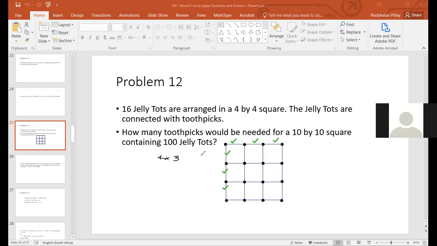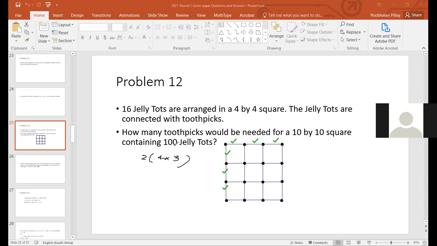And then if you take the verticals, it's the same thing. So it's 2 times 4 times 3. That is the total number of toothpicks here. If you count them, you will see 4 times 3 is 12, times 2 is 24. There are 24 toothpicks in this diagram.